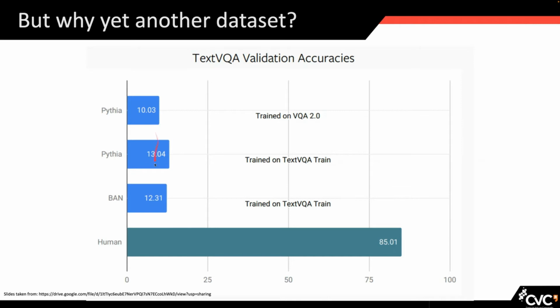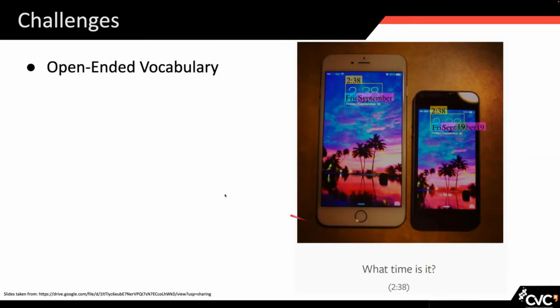And if you train exactly the same model on the text VQA, you get 13%. And this is another state-of-the-art NeurIPS paper, I think 2019. If you train exactly the same model, you get 12%, while humans get 85%. So we need a new data set to solve this problem.